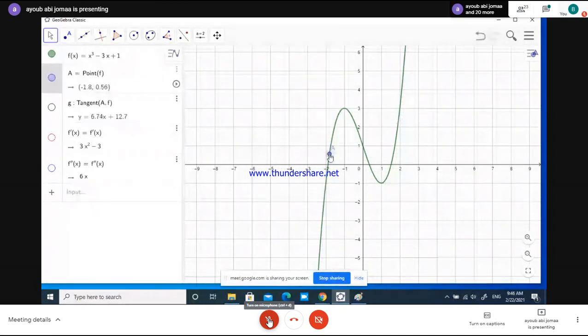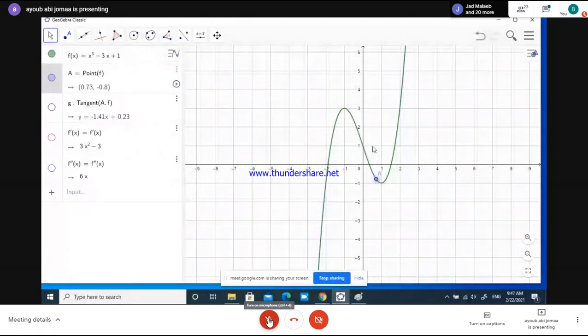Here it is increasing. When it reached here, what do we call this? Local maximum. Here we have a maximum. So it is increasing on negative infinity to negative 1. Then what is happening here? Decreasing. What can you say about the variations?